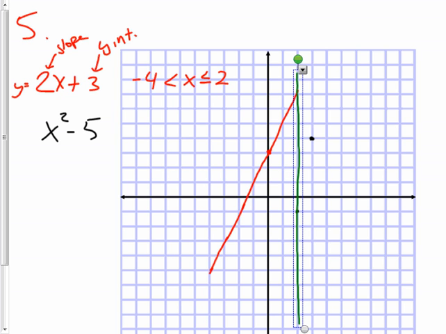The endpoints on my red line, are they both solid dots? No. One of them is a solid dot, that one. And the other one is not a solid dot. It's an open circle. If you don't have an open circle there, it will be marked wrong. You've got to get your endpoints right.